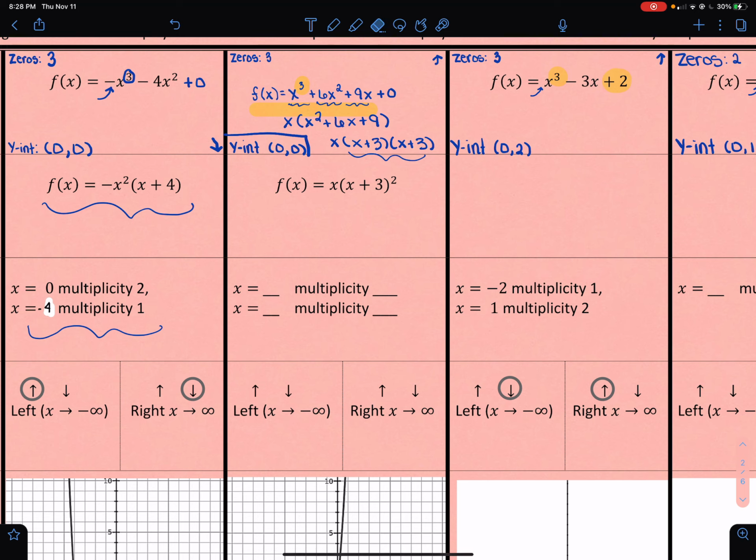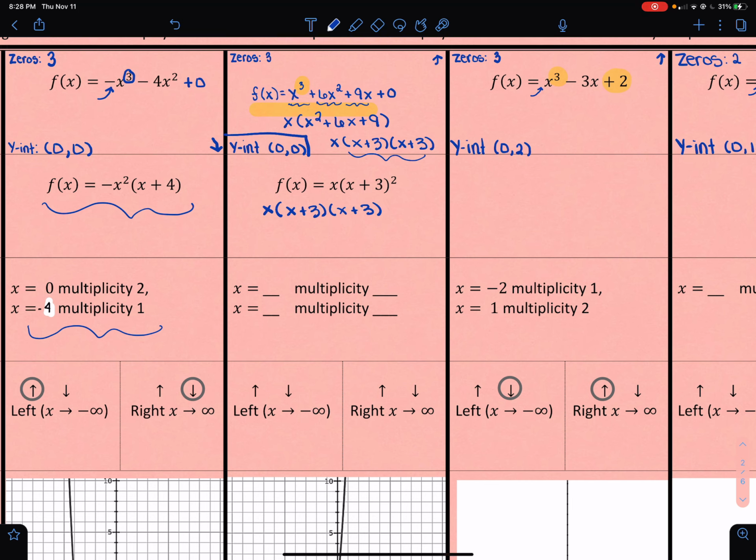Okay. So when they're factoring, they're looking for what is the GCF and how can I break this up to be a bunch of smaller factors that will help me find the multiplicity. So in this case, this is really saying x times x plus 3 times x plus 3. Okay.